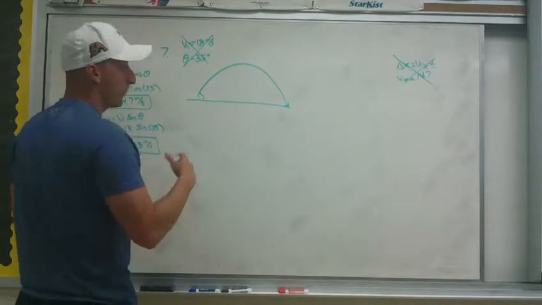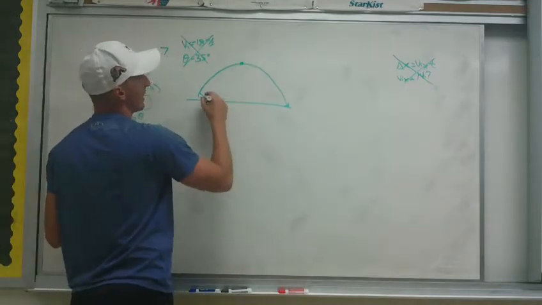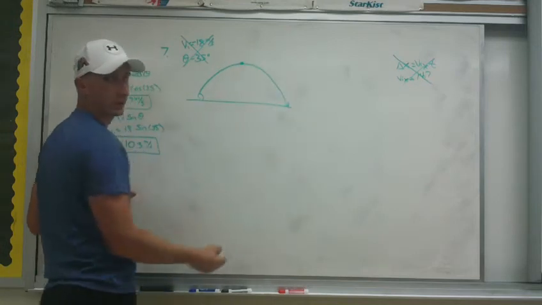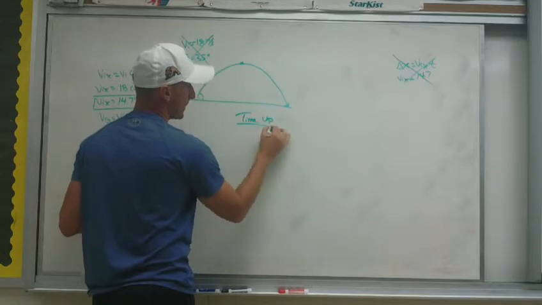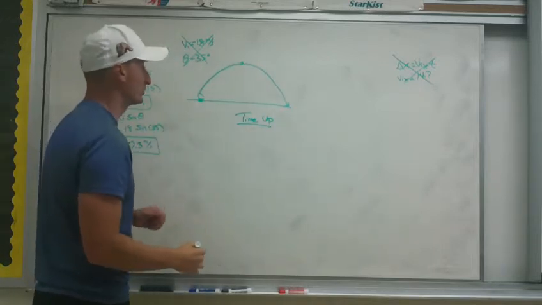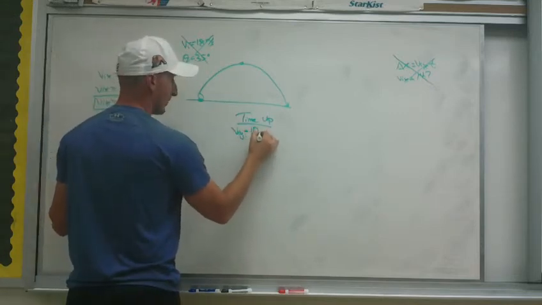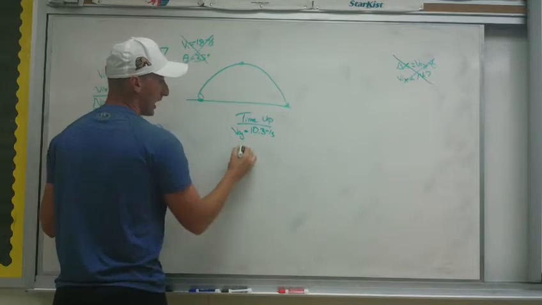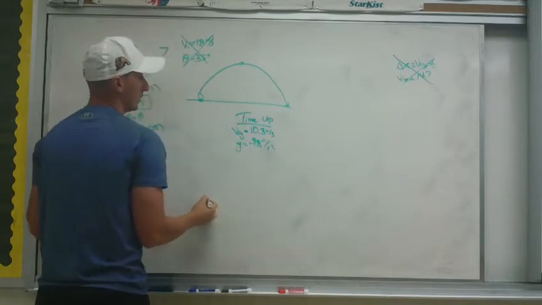So I'm going to put together a strategy here. I'll find my time to the highest point, and then I'll just double it. So find time up. I have to label my variables from here to here using y direction variables only. Well, I know VIY is equal to 10.3. We just found that. I know gravity is negative 9.8 meters per second squared.